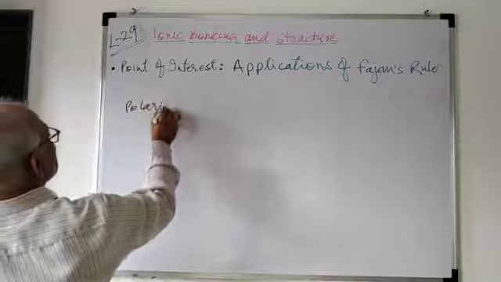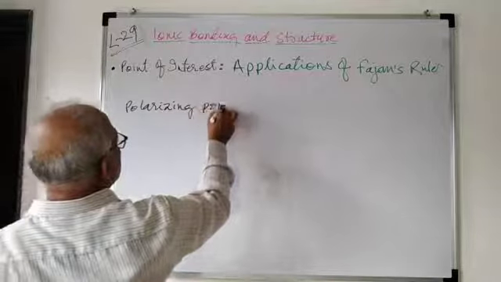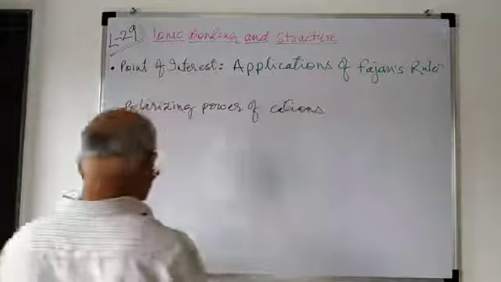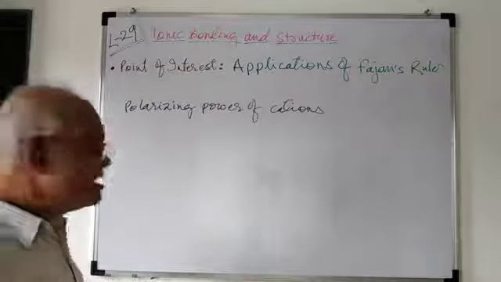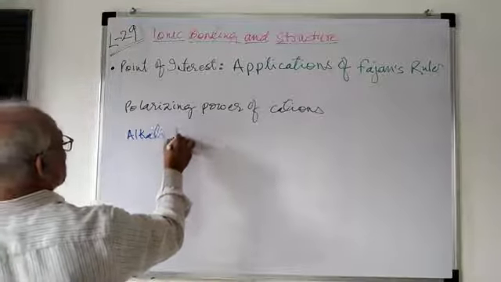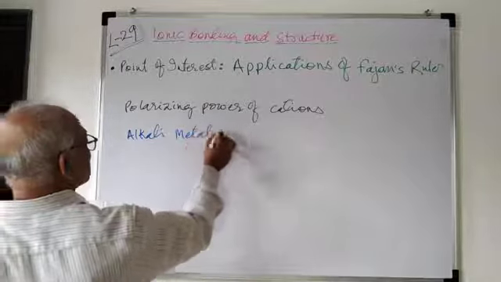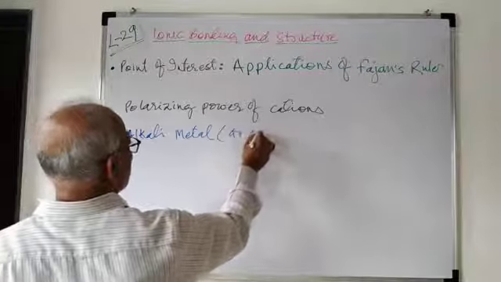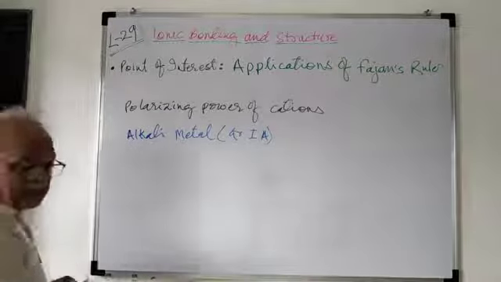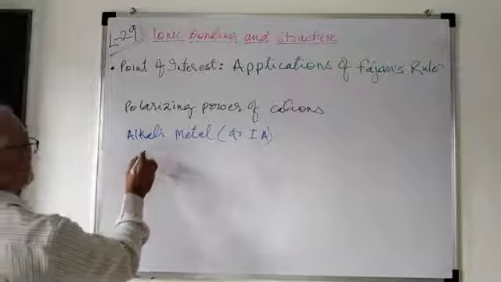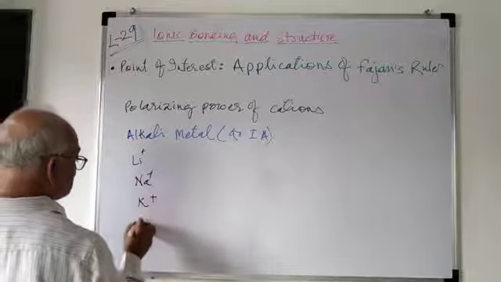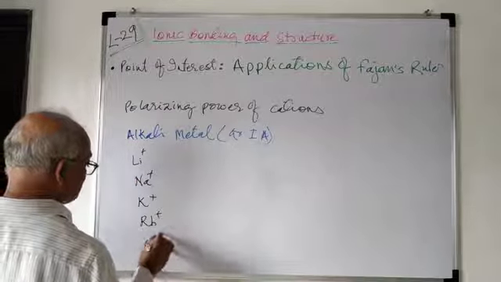Polarizing power of cations. Here we can take the example of alkali metals, that is group 1A or group 1. Here we take the example of the alkali metals Li plus, Na plus, K plus, Rb plus, Cs plus.